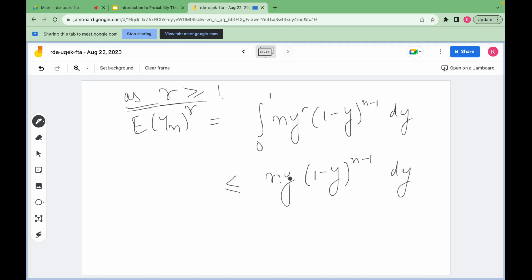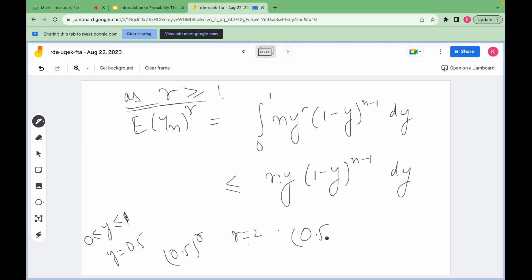y is between 0 and 1. So for example, let's say y is equal to 0.5. So 0.5 to the power r, where r is greater than 1, right? Let's suppose this r is equal to 2.